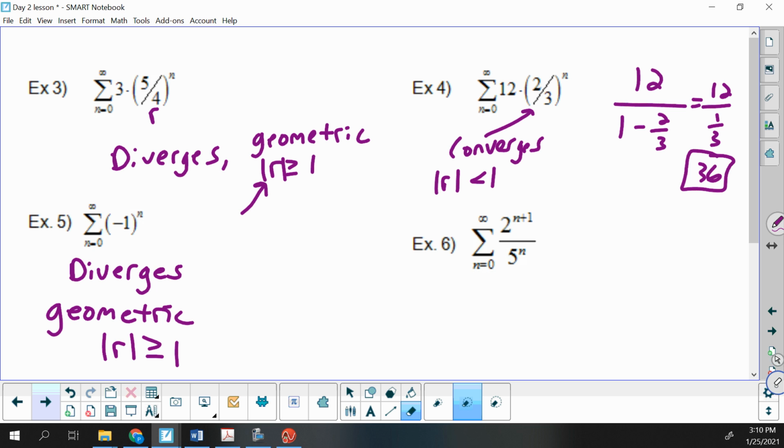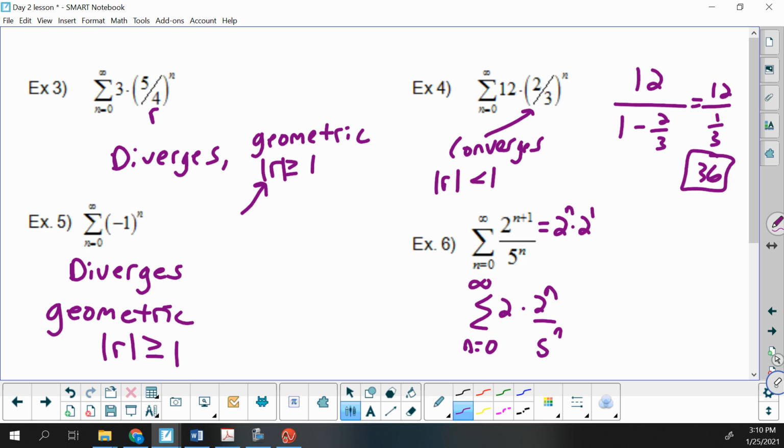Now, you might have to do some manipulation, like in number 6, to make something look geometric. Notice on top, 2 to the n plus 1 is saying 2 to the n times 2 to the first. So we can rewrite this as sum n equals 0 to infinity of 2 times 2 to the n over, sorry, over 5 to the n, which can then be written as 2 times 2/5 to the n.